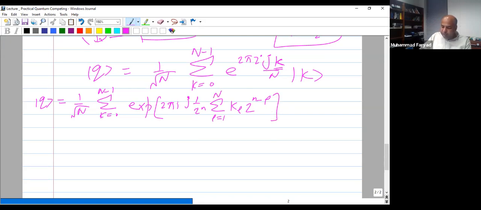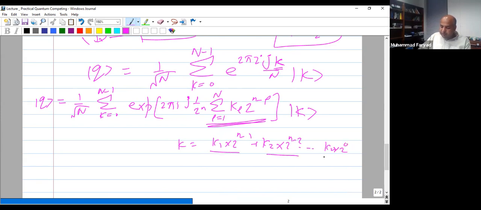This is in the exponential, and then this multiplies the ket k. So this particular definition of k is the one that I already wrote. Okay, k was k1 into 2 power n minus 1, k2 into 2 power n minus 2, all the way to kn into 2 power 0. So I can write it in a combined fashion like this.